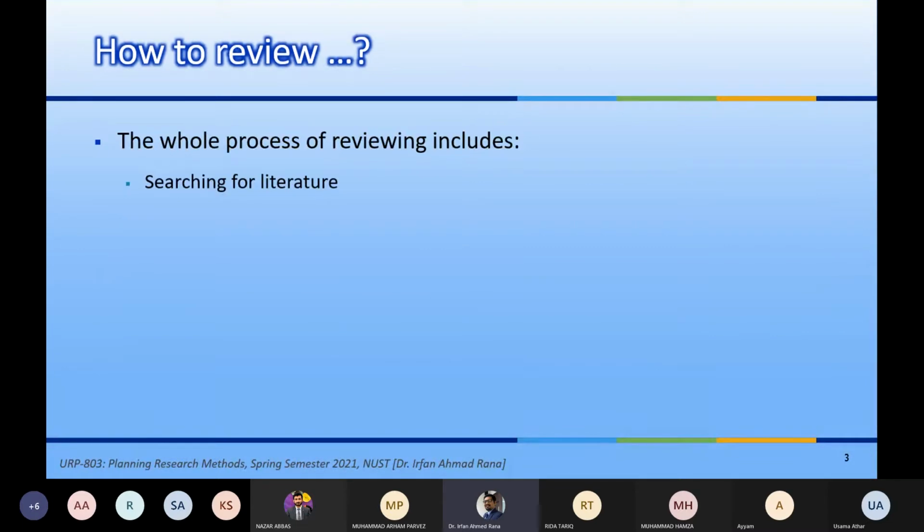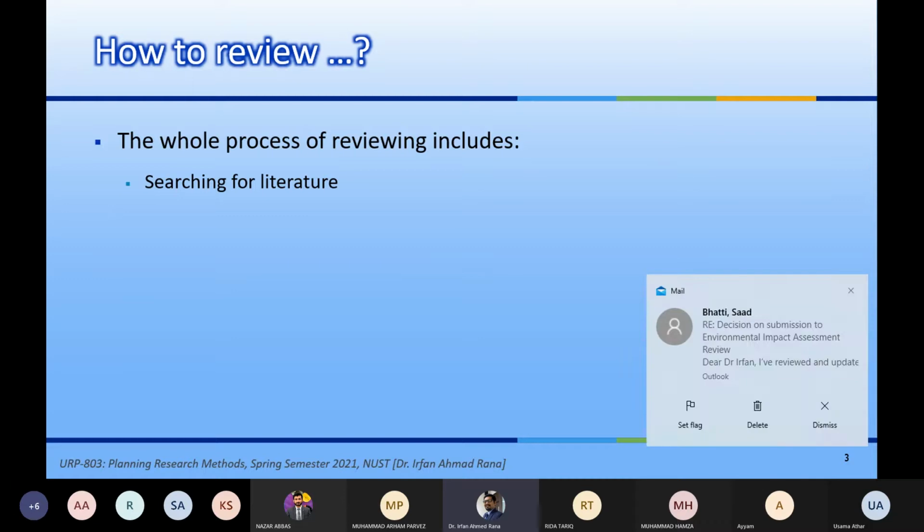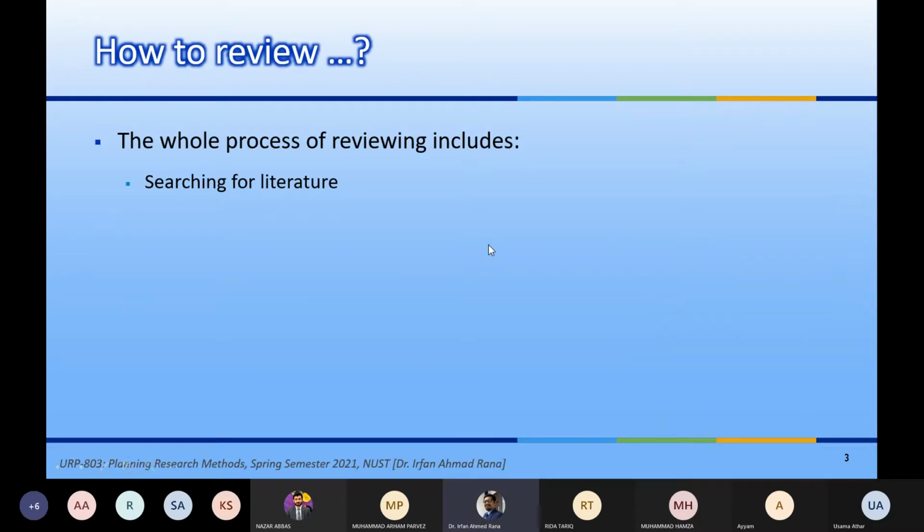So what is the process of reviewing? First of all, you need to search for the relevant literature. Then you need to prioritize, let's say catalog, your literature.